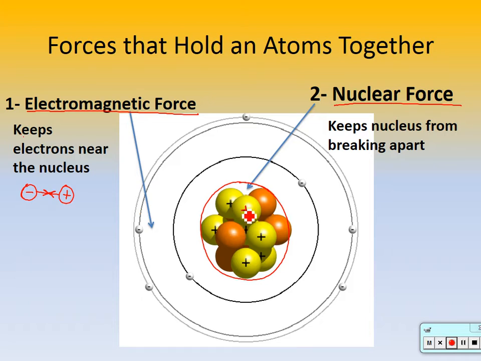But what if you got a bunch of protons together? What should happen, guys? They should push each other away, right? They should repel each other. And that's exactly what happens. So there needs to be a force in order to overcome that electromagnetic force that pushes them apart. And that force is called the nuclear force.